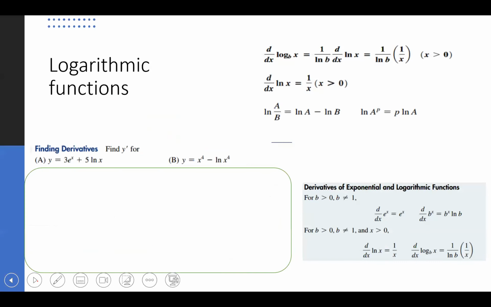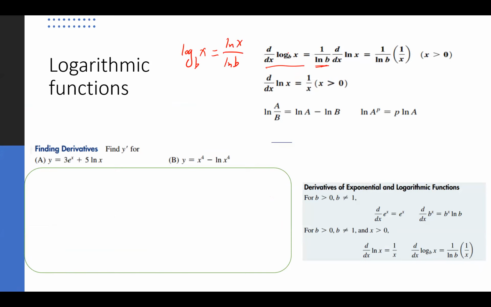Right. So we have the logarithmic functions. For a logarithmic function with base b, we need to multiply by an extra 1 over ln b. That's something to keep in mind. And this is because log base b of x can be re-expressed as ln of x divided by ln of b.